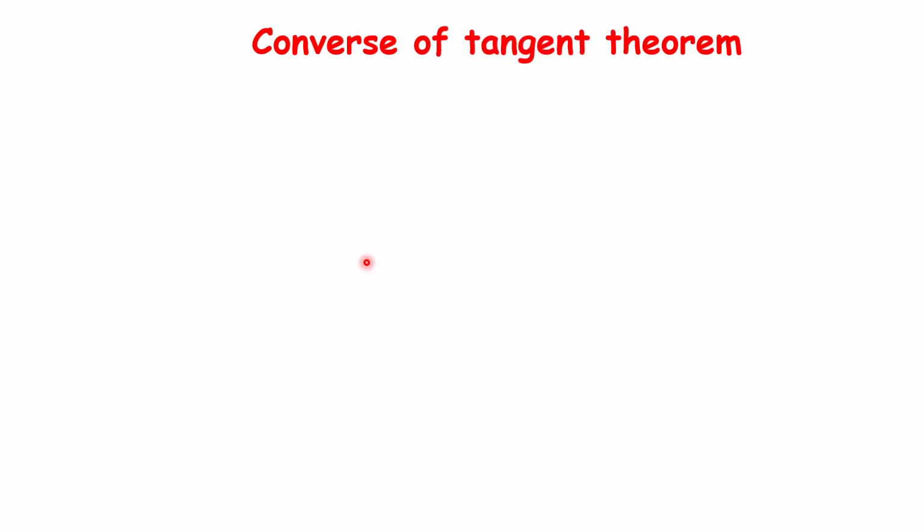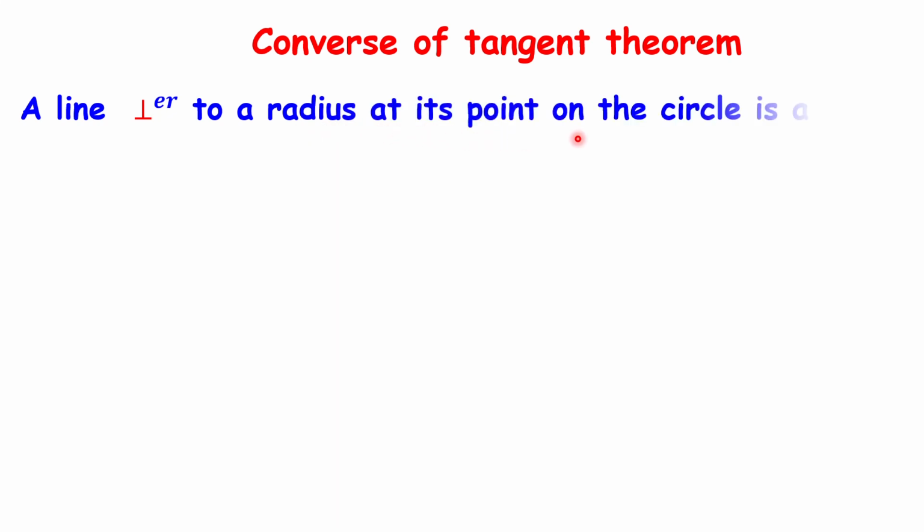Converse of the tangent perpendicular theorem. A line perpendicular to the radius at its point on the circle is a tangent to the circle. म्हणजे लक्षात घ्या, एखादी लाईन रेडियसच्या बाह्य टोकाला परपेंडिक्युलर असेल म्हणजेच रेडियसला सर्कलवरील पॉइंटला परपेंडिक्युलर असेल तर ती लाईन म्हणजेच काय टँजंट असते.